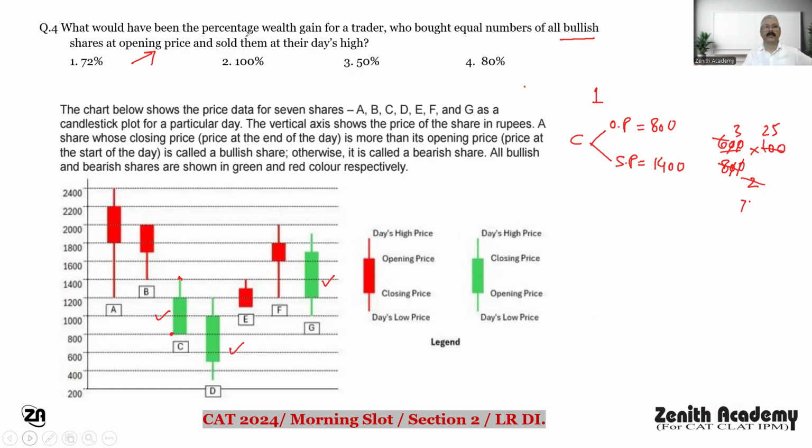But here we have to find the wealth gain, total gain. Okay, so let it be like this. For D, opening price is 500 and selling price at high is this 1200.